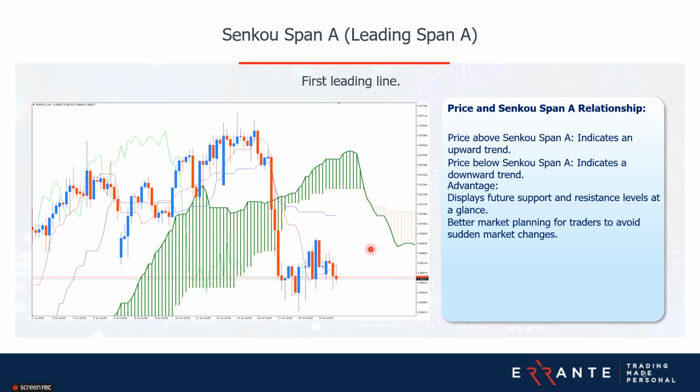How it works, for example: when you see the price at a very far distance from the Senkou Span A, it means we are going to lose momentum very soon.